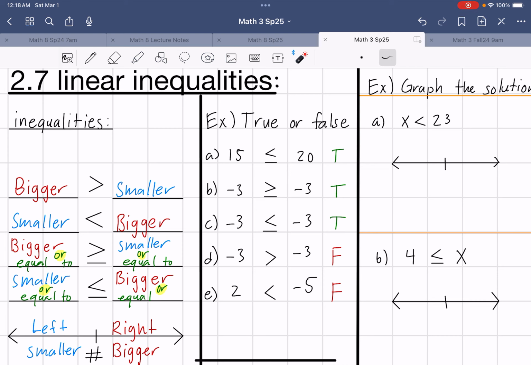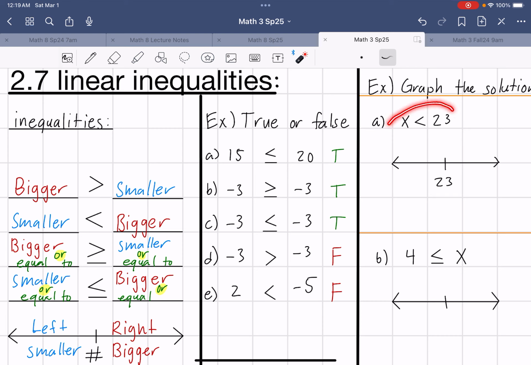these inequalities. Now, like I said on this side, there's only one number to reference. That number is 23. And I'm not trying to write my number line 0, 1, 2, 3, 4 all the way up to 23. 23 is the only number in question here. And because of that, I just put it anywhere on this number line.